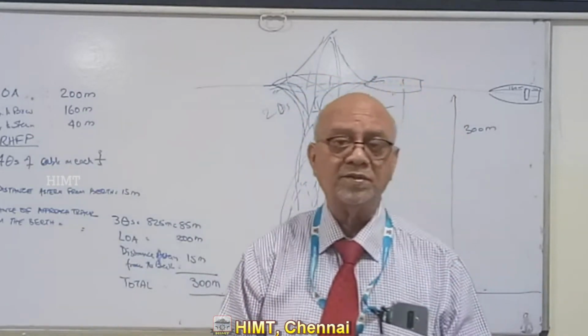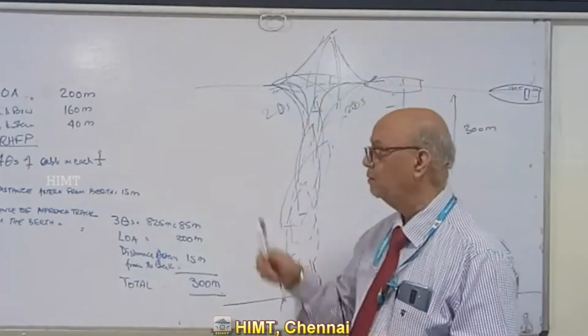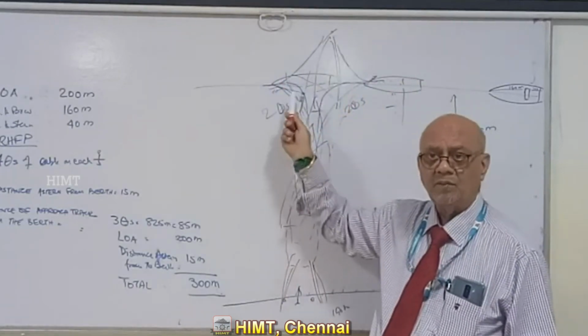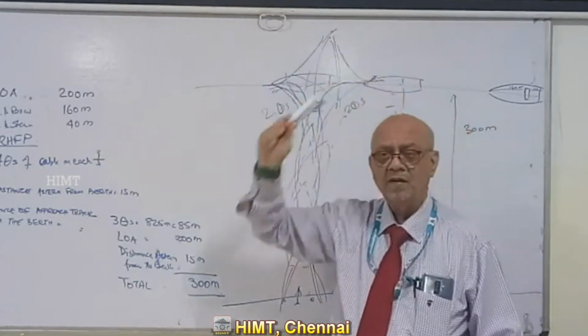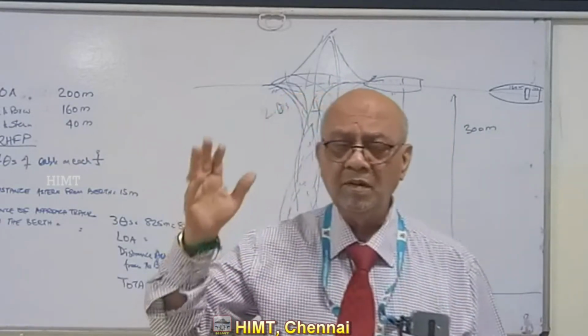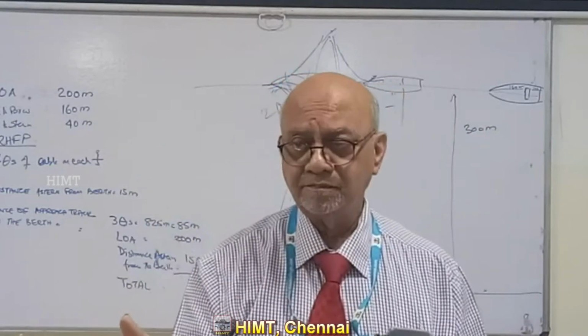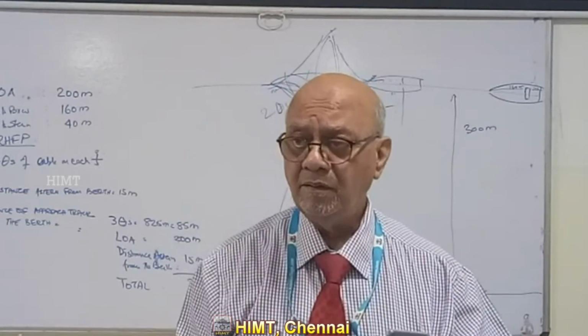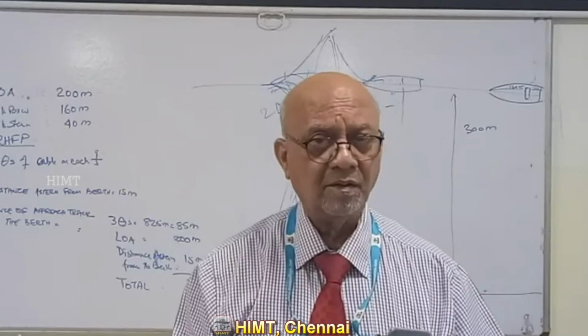Now depending on which side you have to depart, port side or starboard side. So say we have to go back in the same direction. Then with 2 shackles in water, hold on to the starboard anchor, heave away the port anchor.